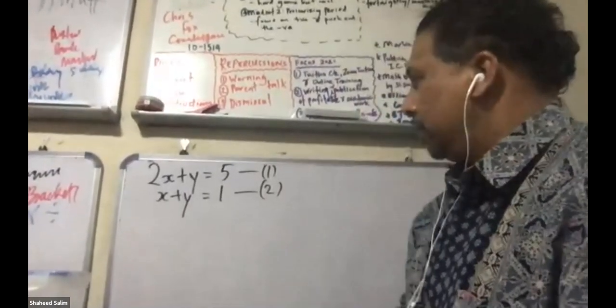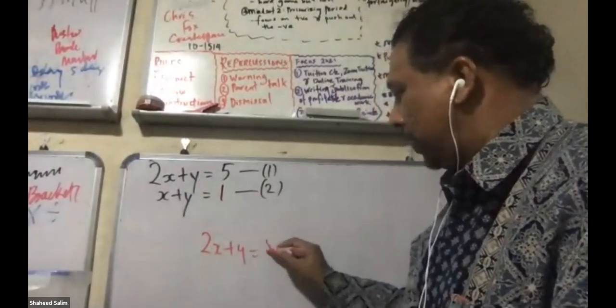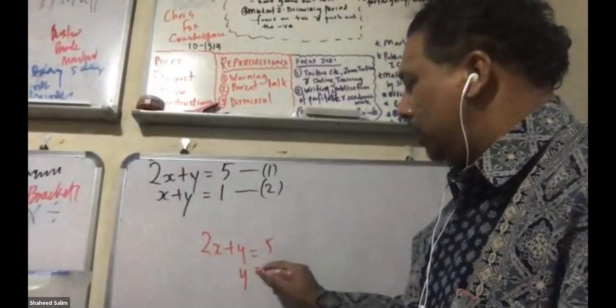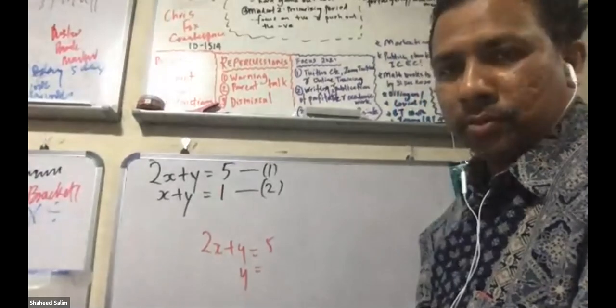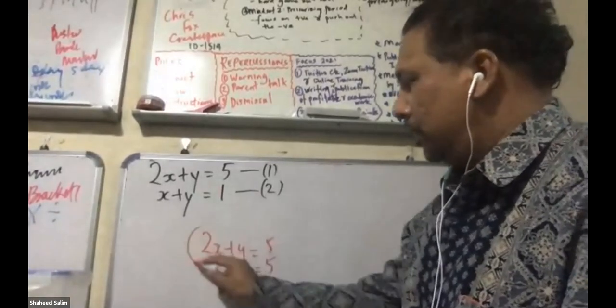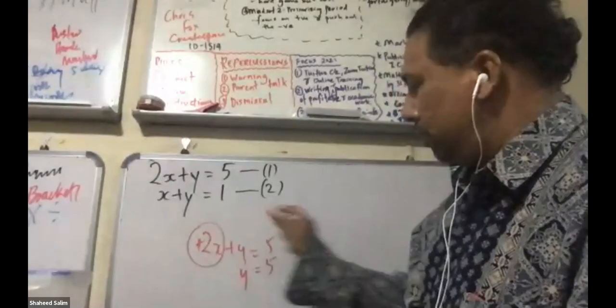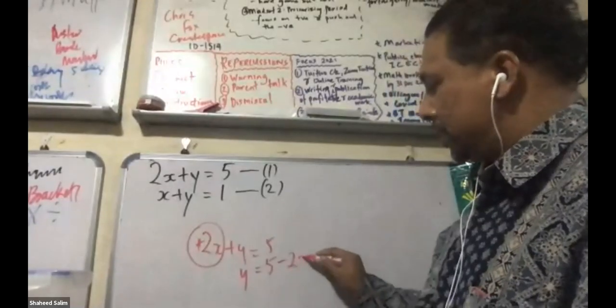Now, Ryan, down here, 2x plus y equals to 5. Now, I put y equals to, I want to bring the 2x over. This is plus 2x or minus 2x now? So I bring over, it becomes minus. You must get this one first. This one, Ryan, look.